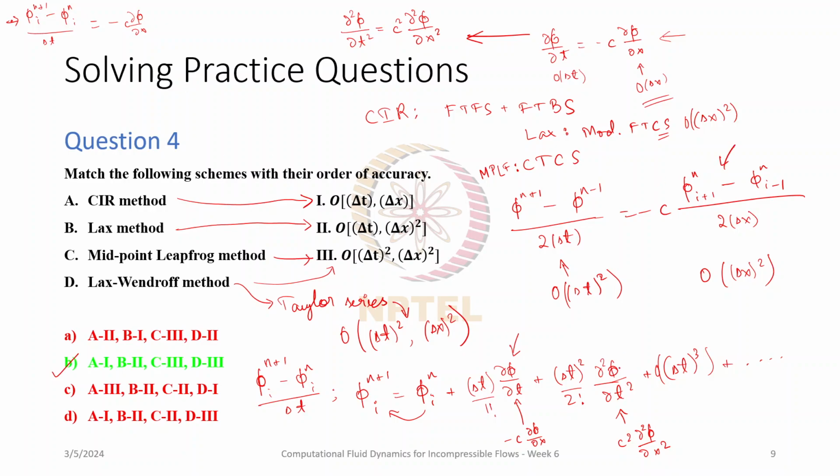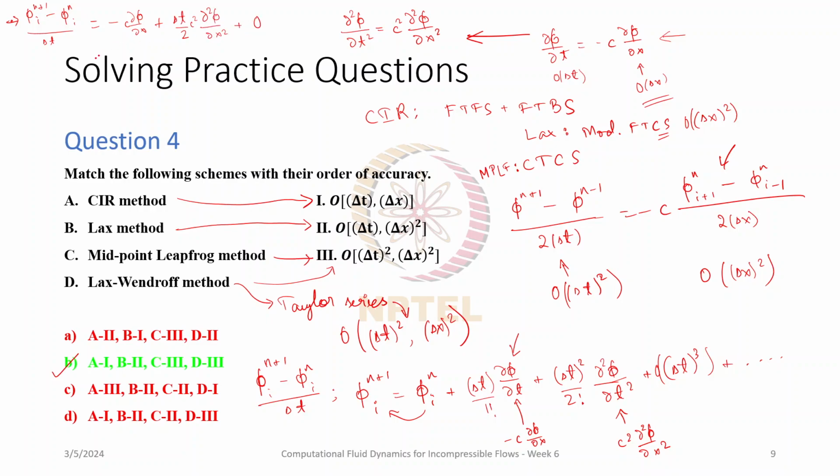And similarly, this term remains, which is plus delta t by 2 c squared dou 2 phi dou x squared.